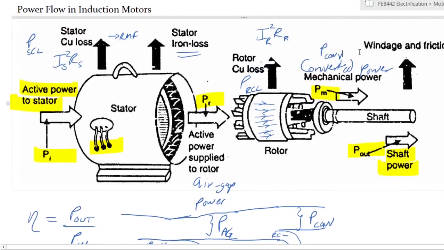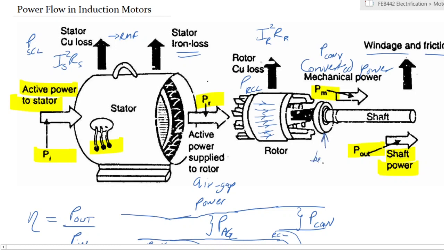But once it is at the shaft, there are certain losses that it encounters in terms of windage and friction. Remember, your mechanical power is transmitted through the bearings, and the bearings always have friction. So that is some loss that is there.